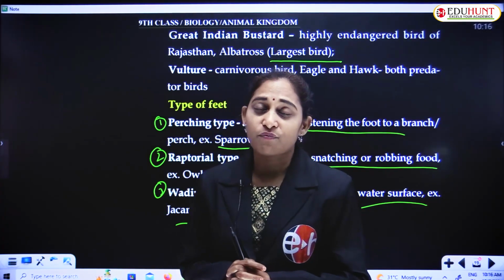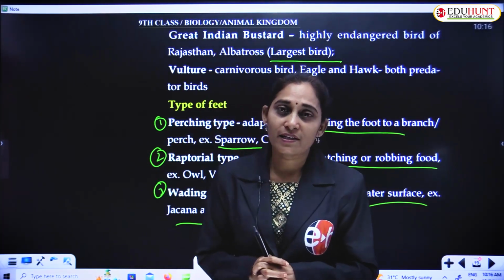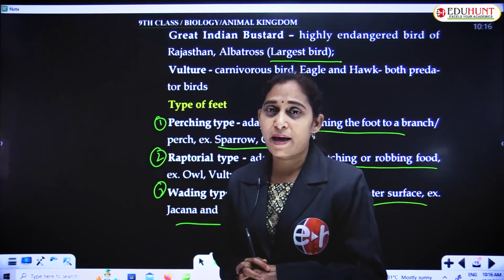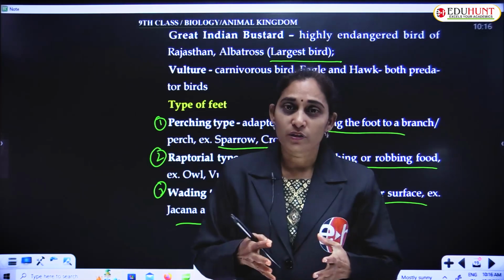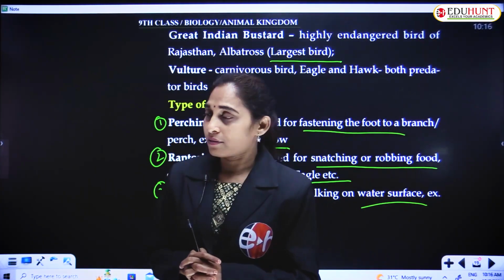Emu is found in Australia. Like that, we have seen so many flightless birds, and flying birds also, for example, crow, parrot, and kabutar, that is dove, pigeon.